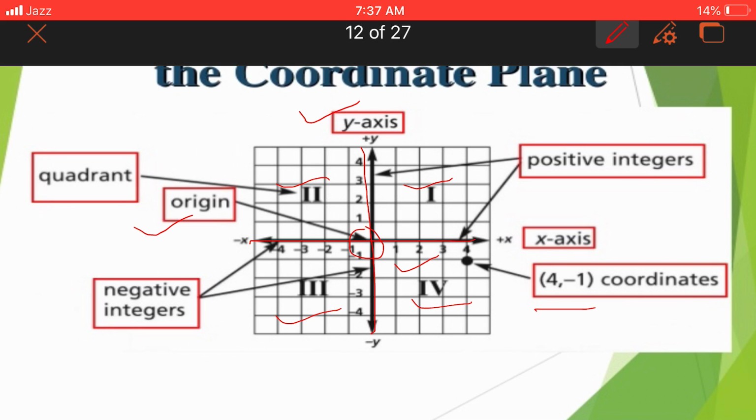Because x is 4 here, we go on the positive x-axis, that is this side, and go 4 units from the origin, 1, 2, 3 and 4. This is the actual point. Then -1 is downward, and this -1 and 4 will join at this point, it will be your (4, -1).